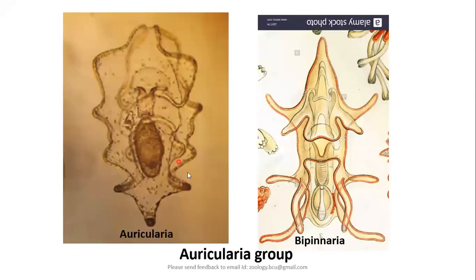So here you can see the similarities between the Auricularia larva and Bipinnaria larva of the Auricularia group of larvae. Both of them have short ciliary arms or bands and a straight alimentary canal. Both of them are microscopic. The body is bilaterally symmetrical and highly transparent.